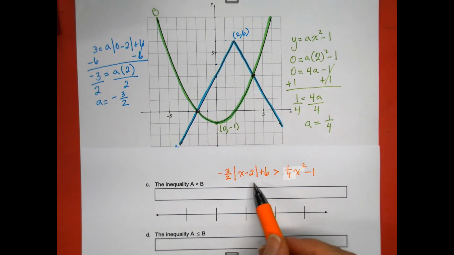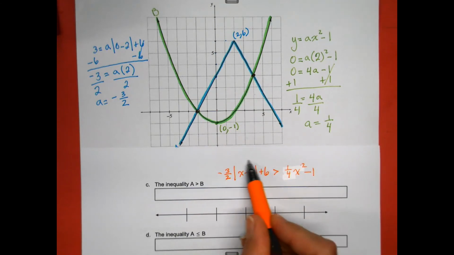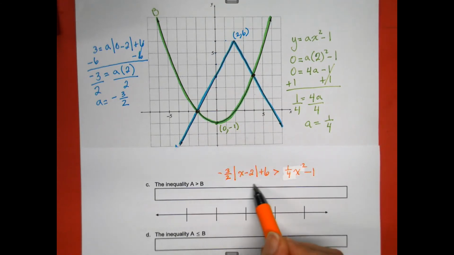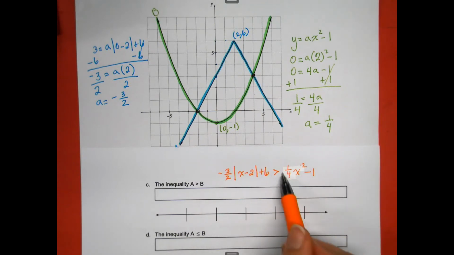Or for what x values is the absolute value graph above the parabola?